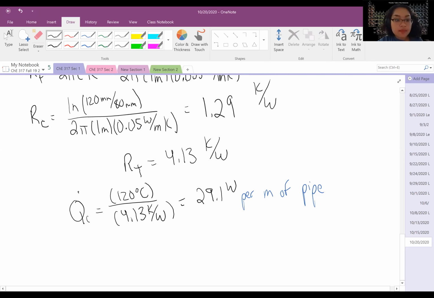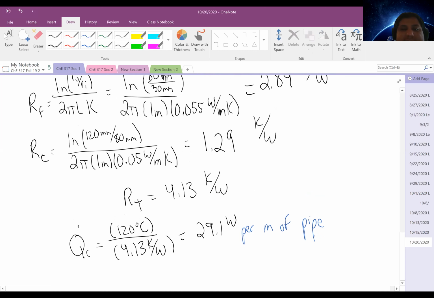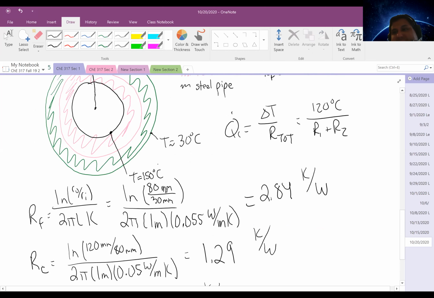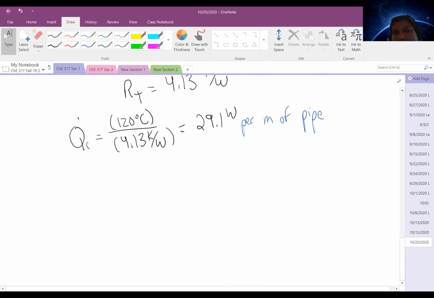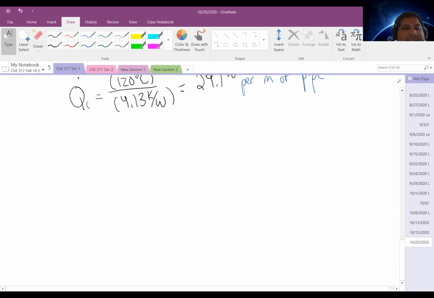Because even if I convert 150 and 30 degrees to Kelvin, I'm adding 273 to both sides. But a good question.